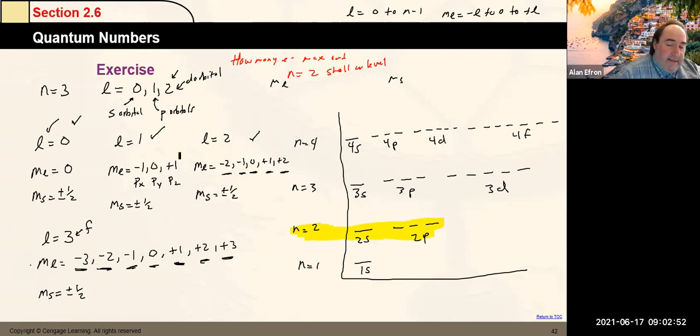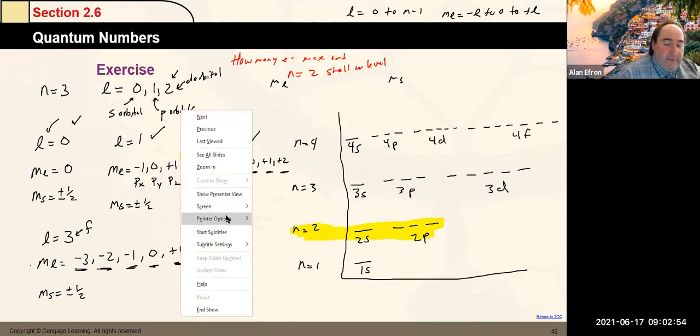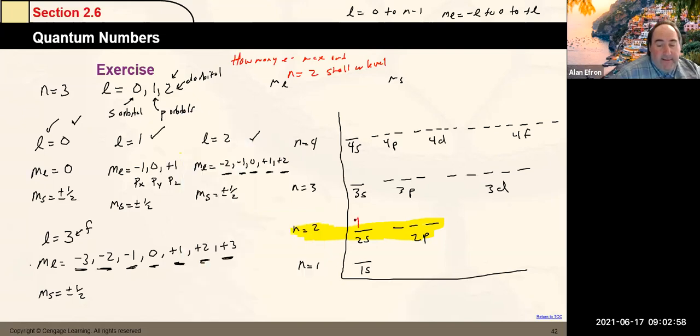Because each individual orbital can hold 2 electrons, technically 1, 2, 3, 4, 5, 6, 7, and 8 electrons would max out that n equals 2 level.